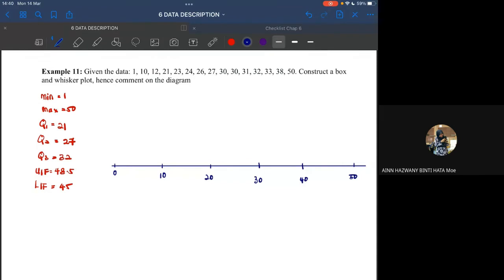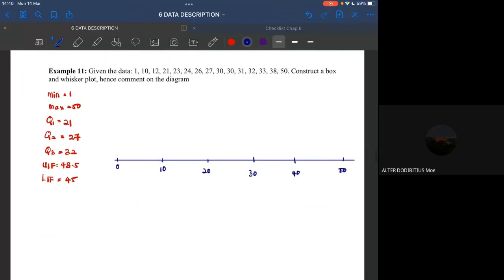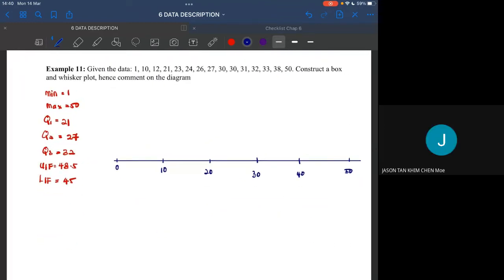Okay. Semua orang bersama dengan saya lagi? Ya, Miss. Now minimum is 1. 1 di sini. Maximum is 50. 50 di sini. 1, 50. Q1, Q2, Q3, 21, 27. 21 di sini. 27 somewhere here. Q3, 32.